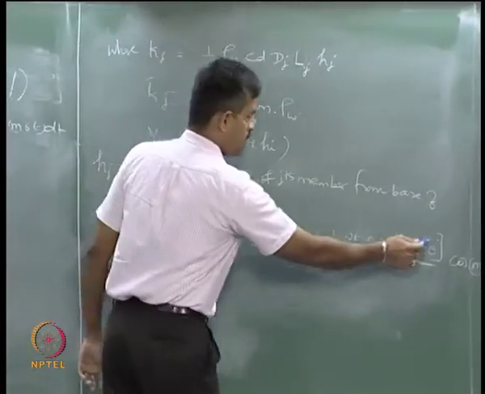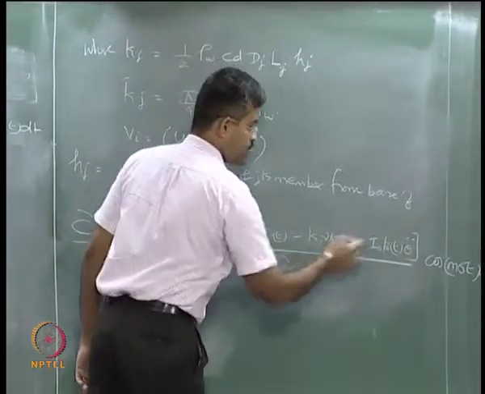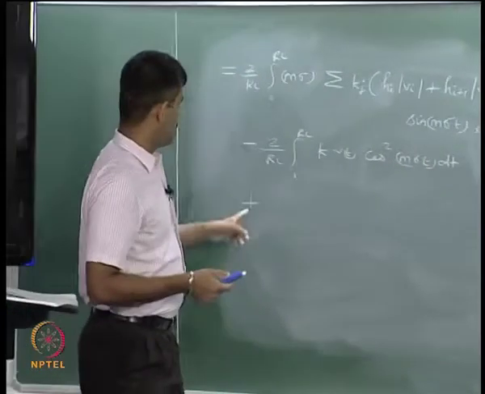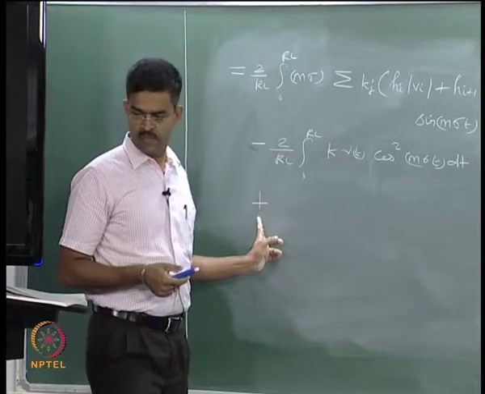Double derivative and displacement are related by a negative sign, they are out of phase by 180 degrees, is it not? So this minus will become plus here.